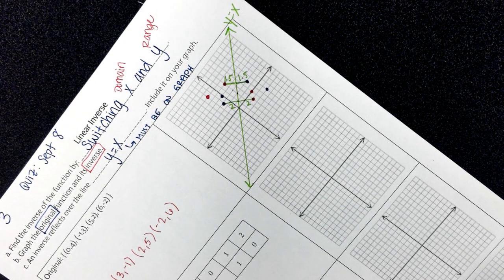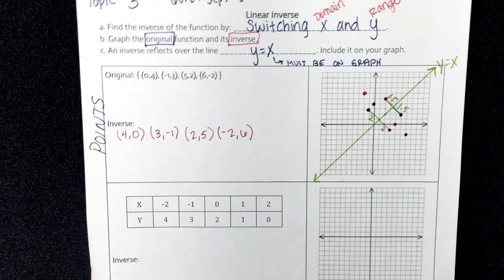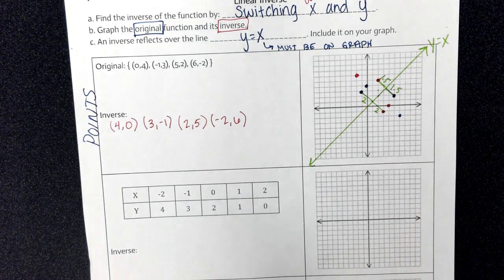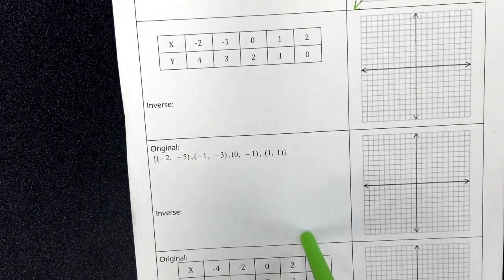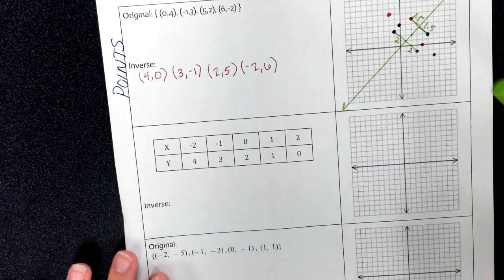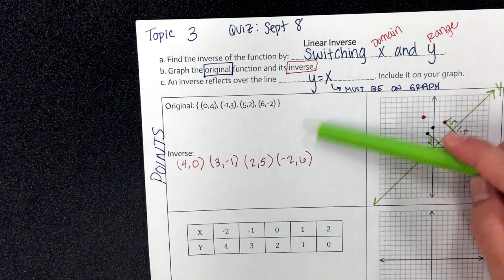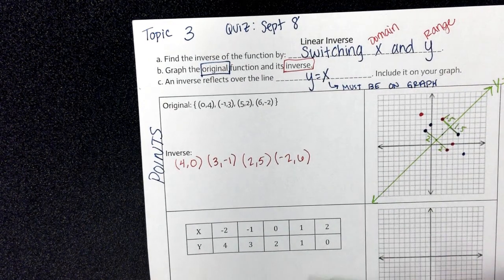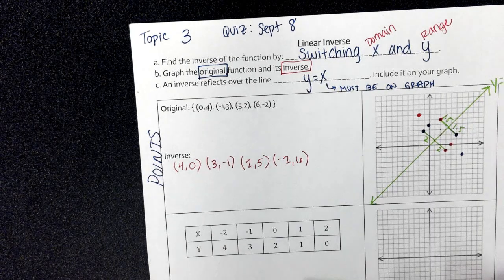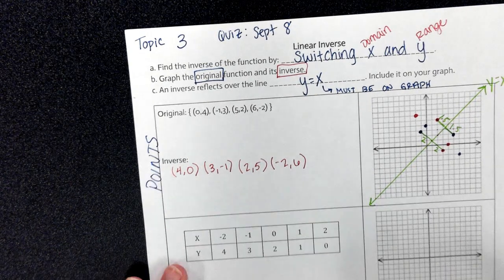Questions so far? Okay, here's what I'm going to do. I'm going to set a 10-minute timer for you to finish just these next 3 graphs. What is different between the one we did and the second one? What's the only difference? It's a table, but what's your first point going to be?